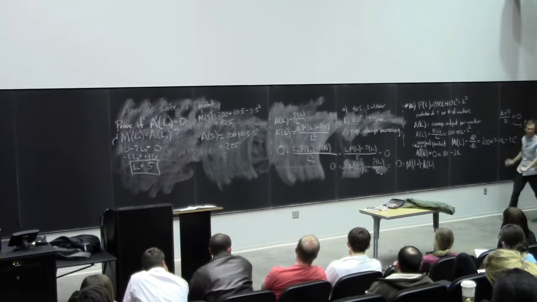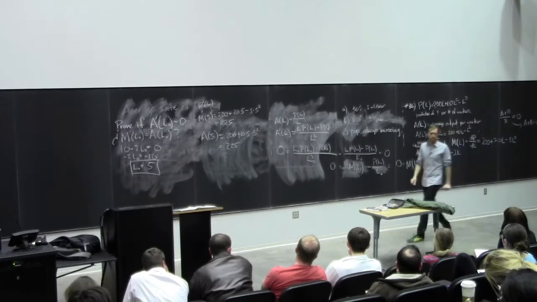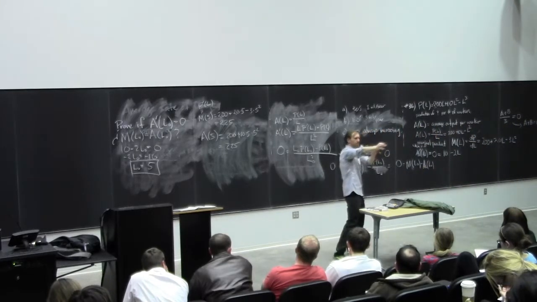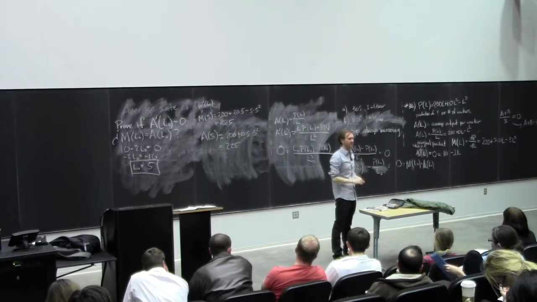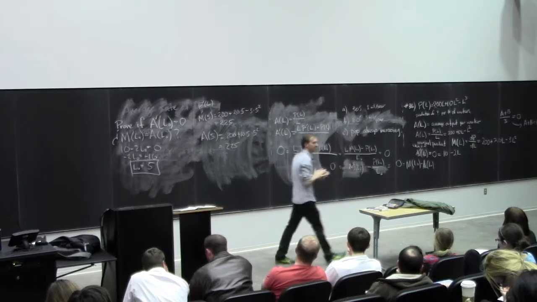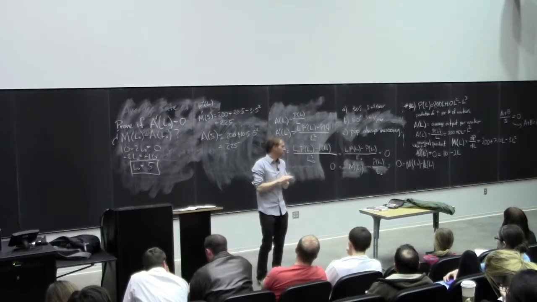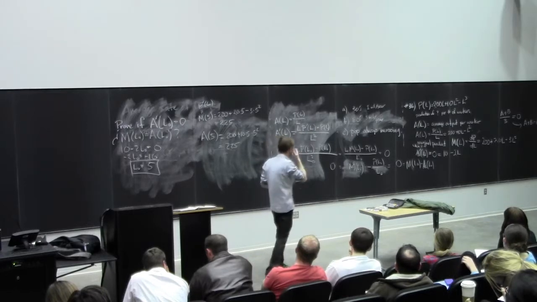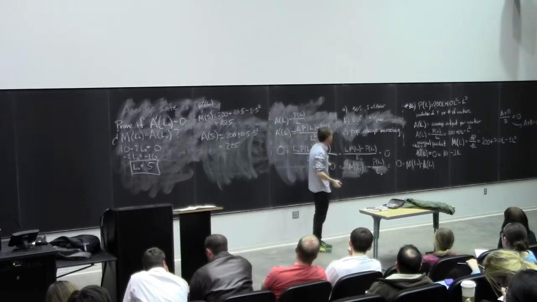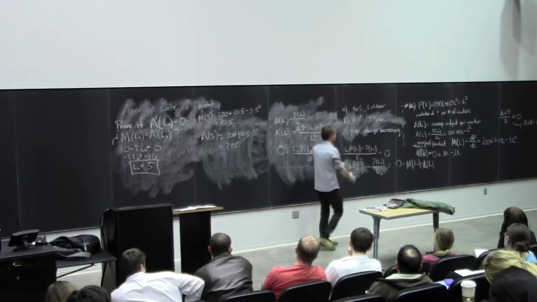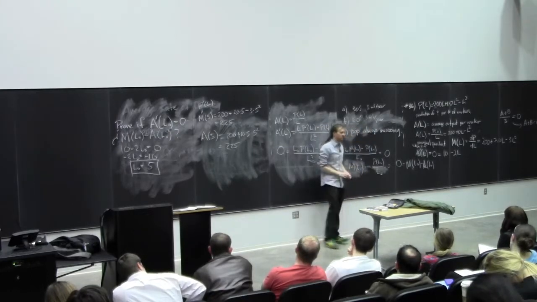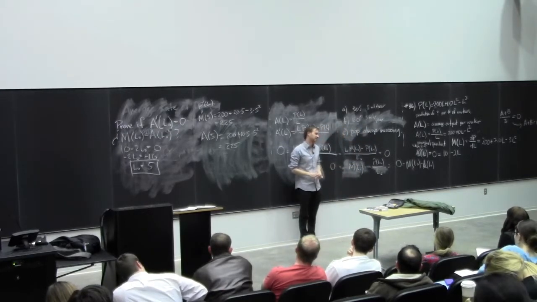You just multiply both sides by 3. You still have another question? Okay. All these things are equal to 0. So I just multiply both equations by L naught, both sides.